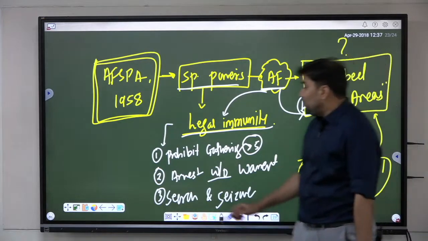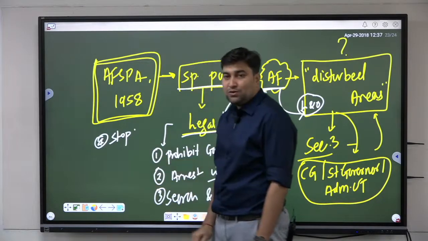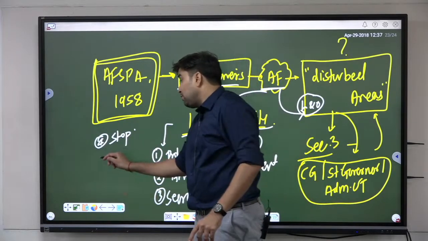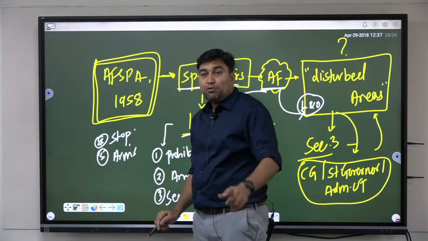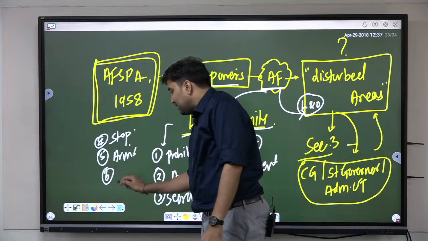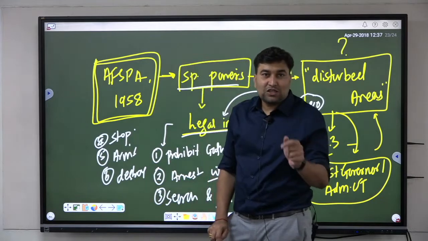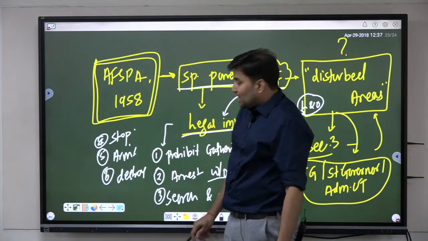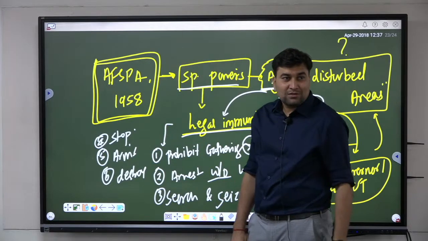I can stop vehicles, and do search and rescue. I can stop you from carrying arms, correct? I can provide you a warning and I can do direct firing. I can destroy the hideouts of insurgents. Now whatever I do, I am not accountable to anyone.